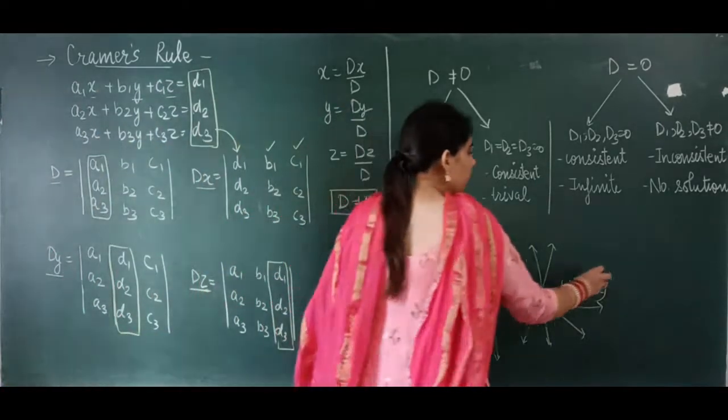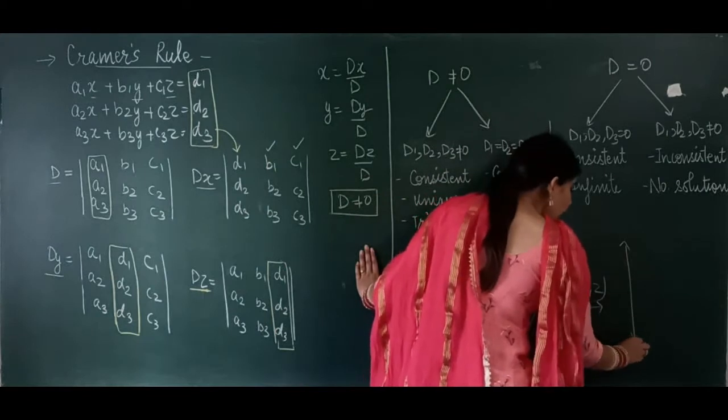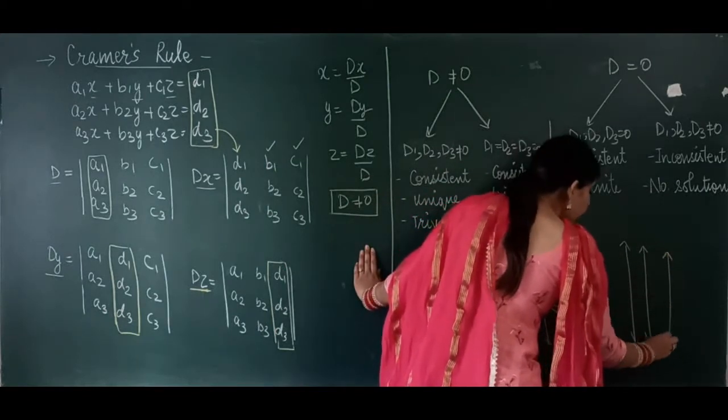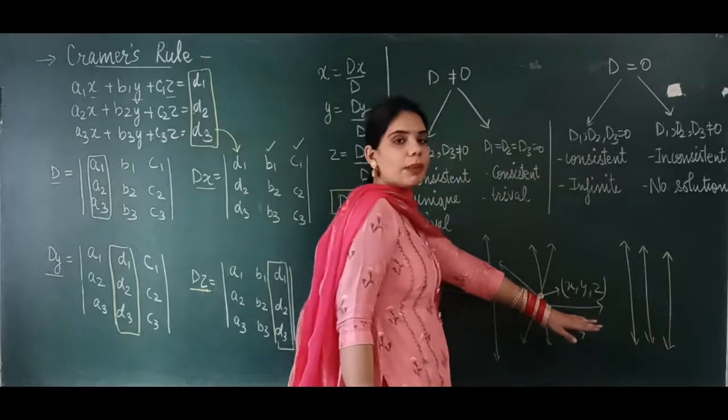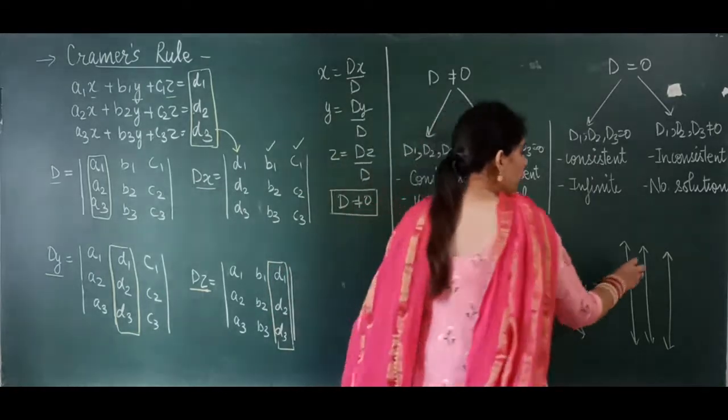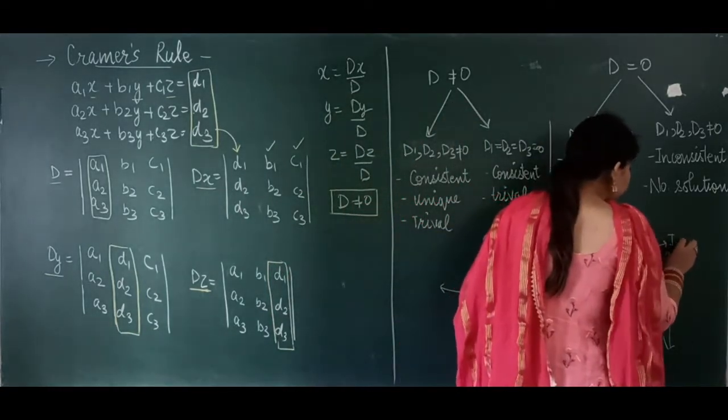Second can be if they are parallel. Students, see, if lines are parallel, there will be no solution, and we call them inconsistent.